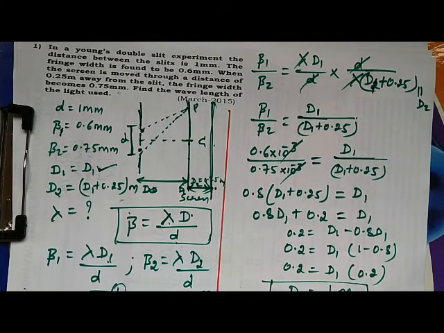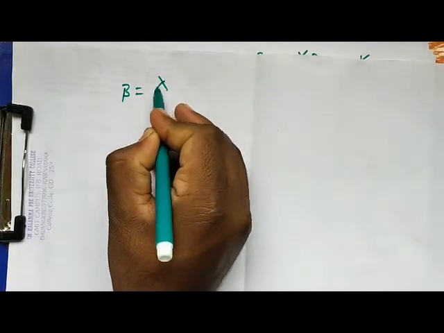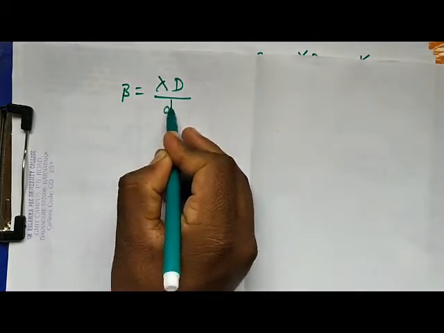So now we have found the d1 distance. After finding this d1 distance, let us calculate the wavelength lambda, using the formula beta is equal to lambda D divided by d.